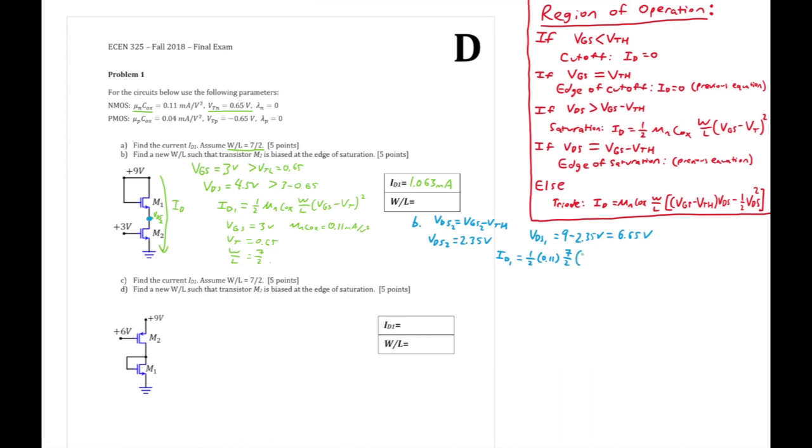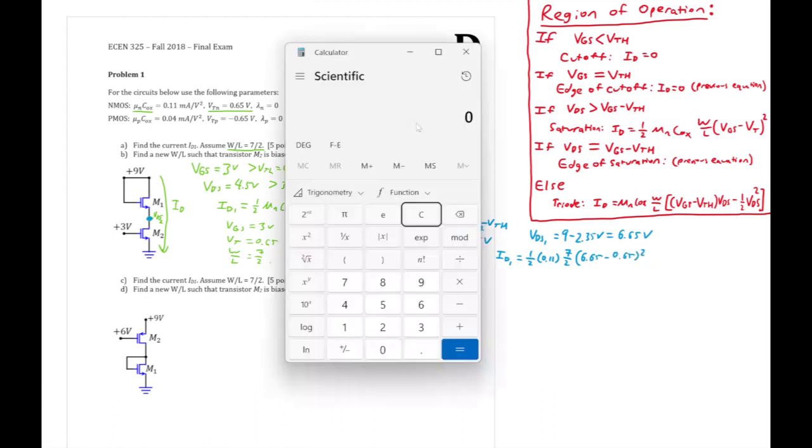Our VDS1 is 6.65 volts minus our VTH of 0.65. And then we square that. All right, 6 squared, 36 times 7 divided by 2 times 0.11 divided by 2. And we get our ID current is 6.93 milliamps.